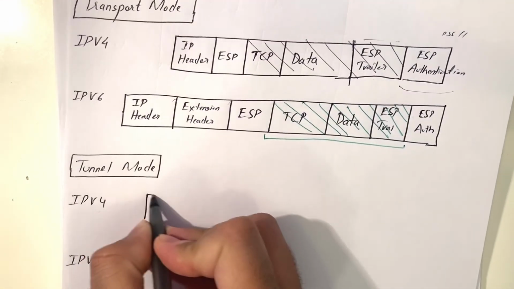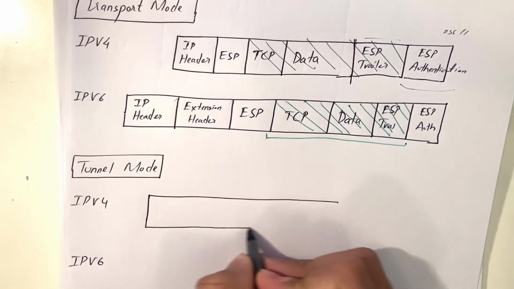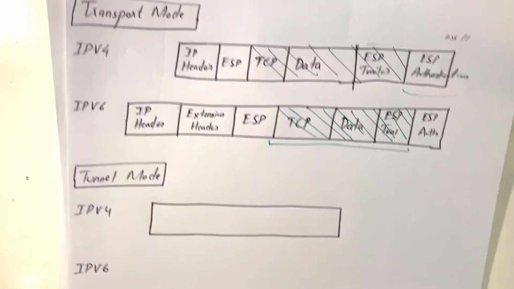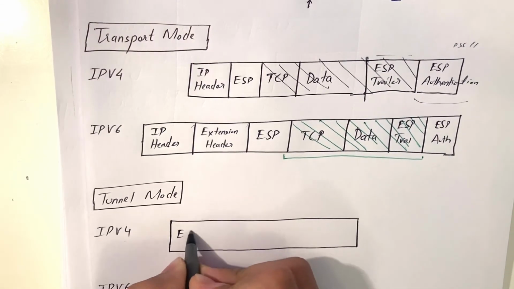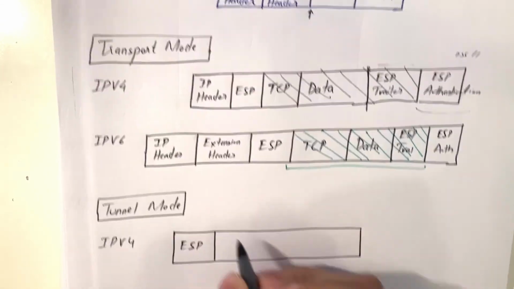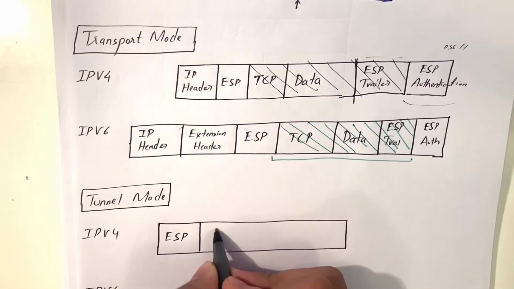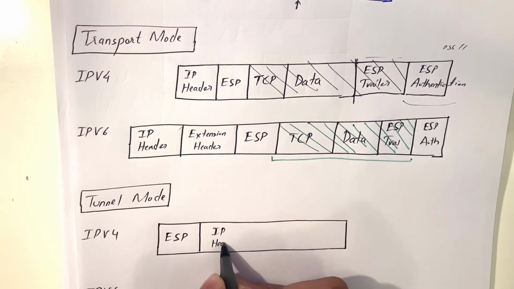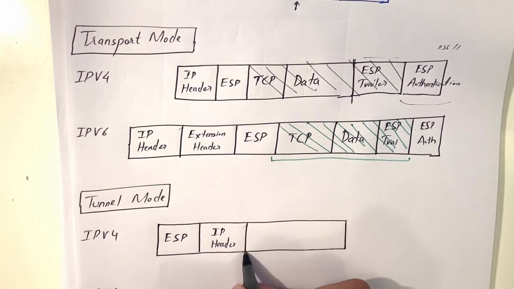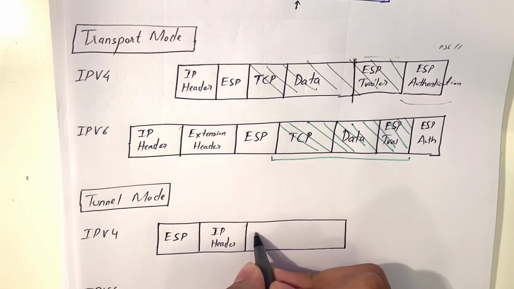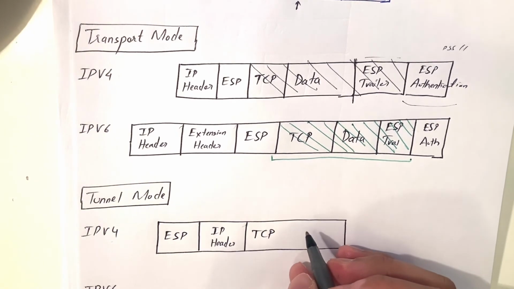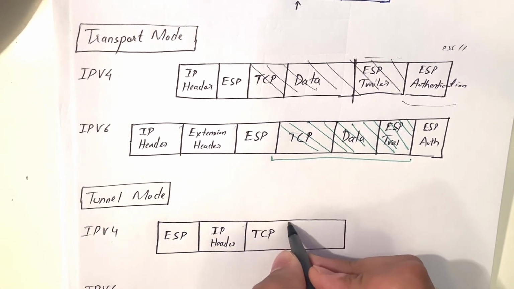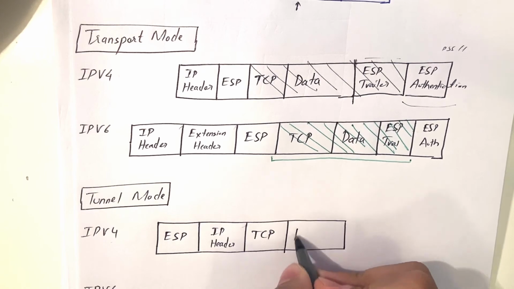Everything else is the same. Let me show you. What we're going to do is add the ESP before the original IP header. So the ESP will come here, then the IP header, then TCP header, then we get our data down here.